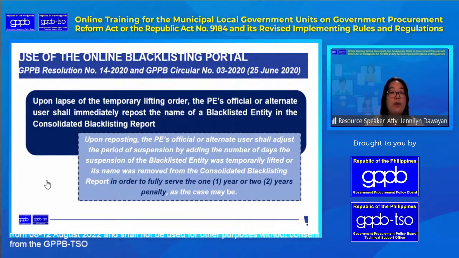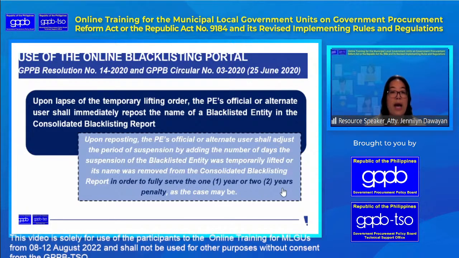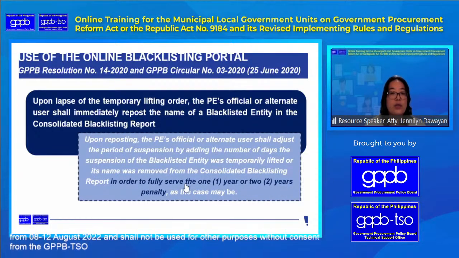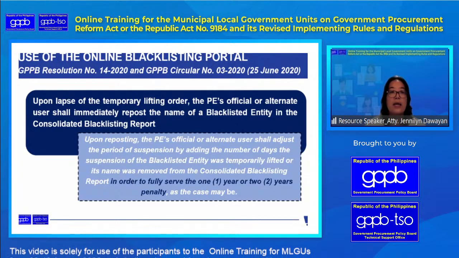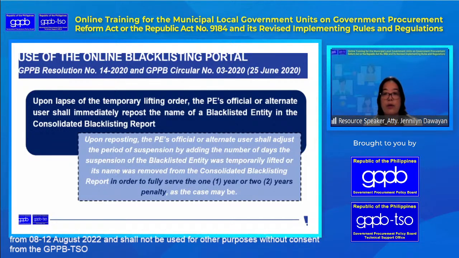So upon reposting, the procuring entity or alternate user, the one that is using the OPB is called the alternate user, shall adjust the period of suspension by adding the number of days the suspension of the blacklisted entity was lifted or removed from the CBR in order to fully serve yung 1 year or 2 years penalty as the case may be as indicated in the blacklisting order, no?